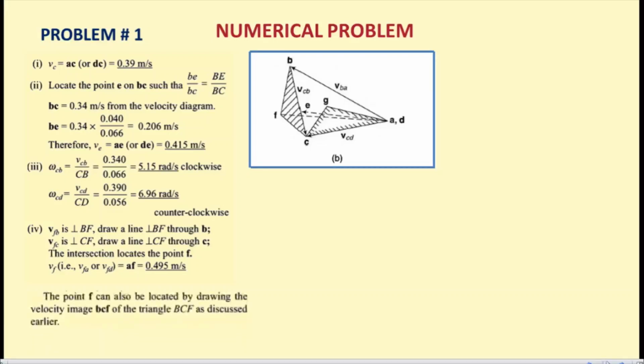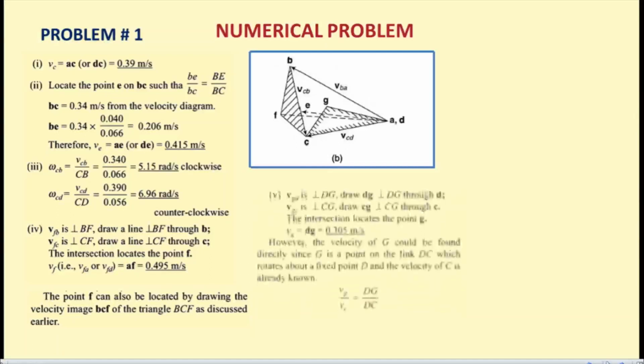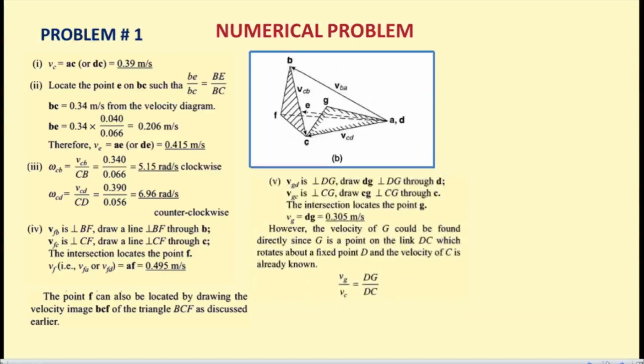Next comes finding the location of f, small f. To find that, we follow the rule of finding the vector value, and similarly we will get the value of VF equal to 0.495 meter per second.